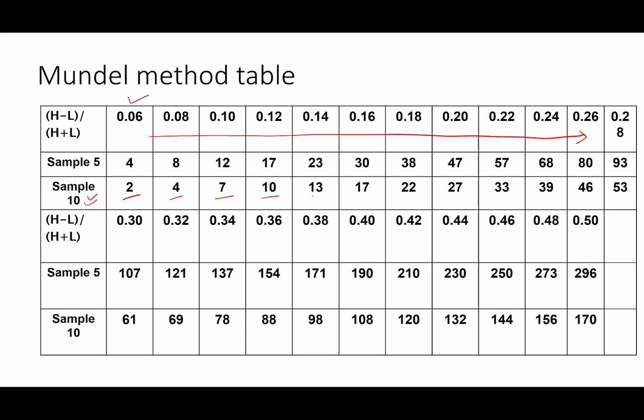So depending upon the sample size we have taken, say for 5% accuracy, we will get different values of the number of observations to be taken. These are the different values of (H minus L) divided by (H plus L), and depending upon the sample of 5 or 10, we will get different values of the number of observations to be taken.